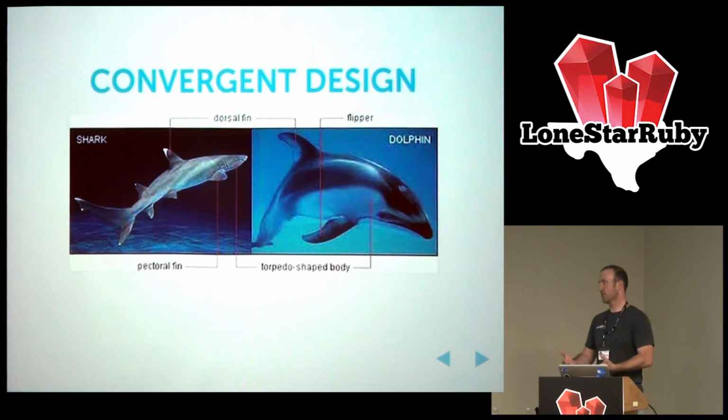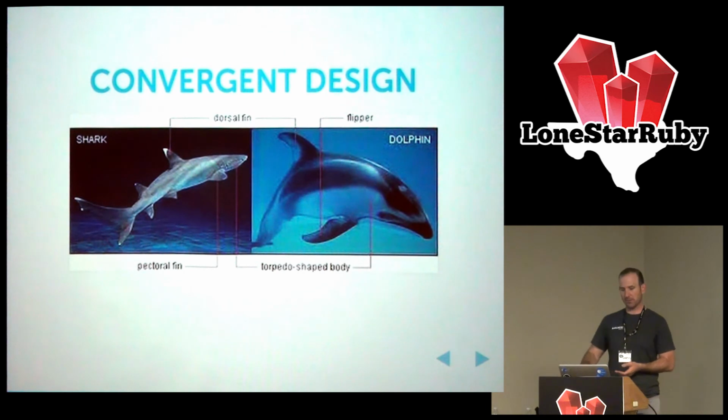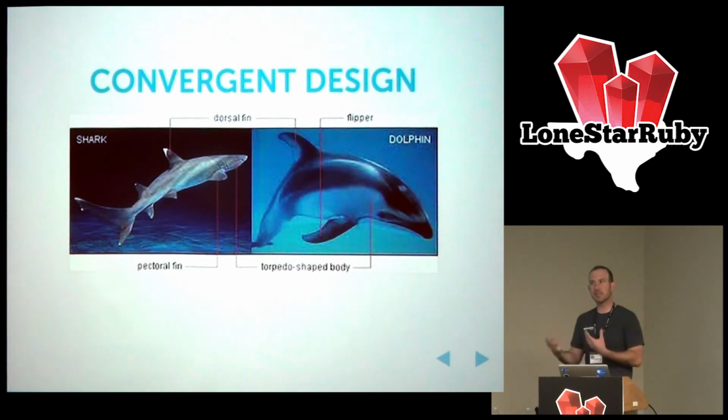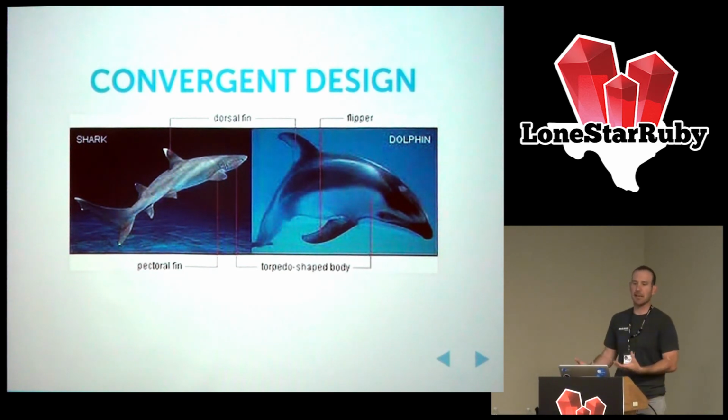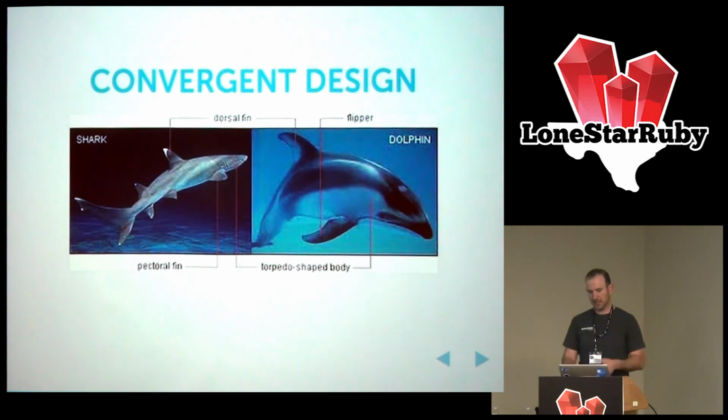And it's a simple fact that if you're an ocean-dwelling fish eater, it's good for you to be able to swim quickly. So you'll develop a tail with a fluke. Now the shark's is up and down, and the dolphin's is side to side, but it's the same basic mechanism. And it's because of the habitat and niche that they occupy.